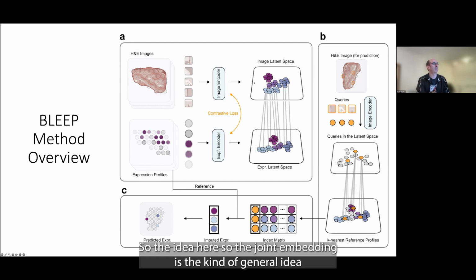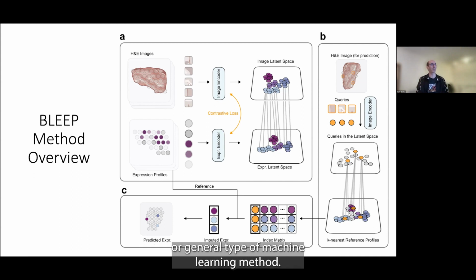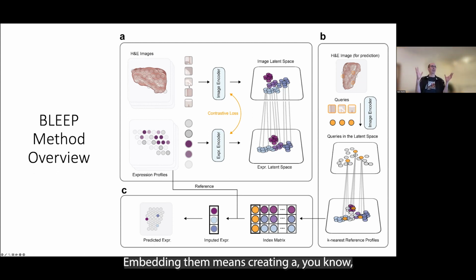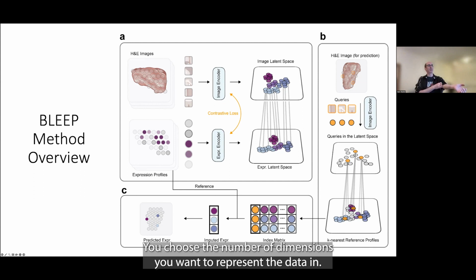So the joint embedding is the general type of machine learning method. The idea is that we take images and we embed them. Embedding them means creating a multidimensional representation. You choose the number of dimensions you want to represent the data in.